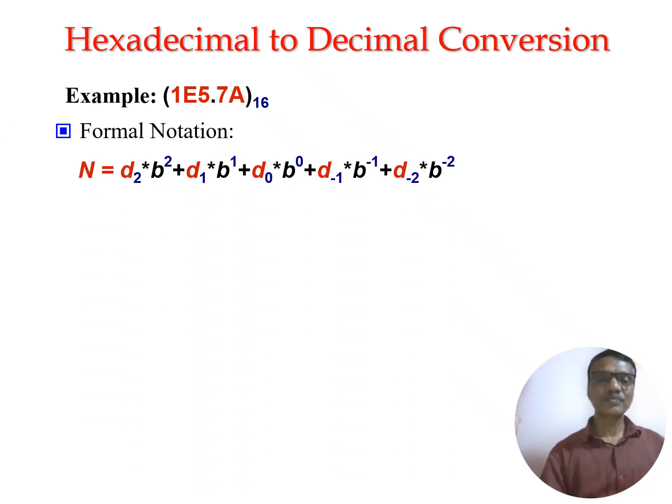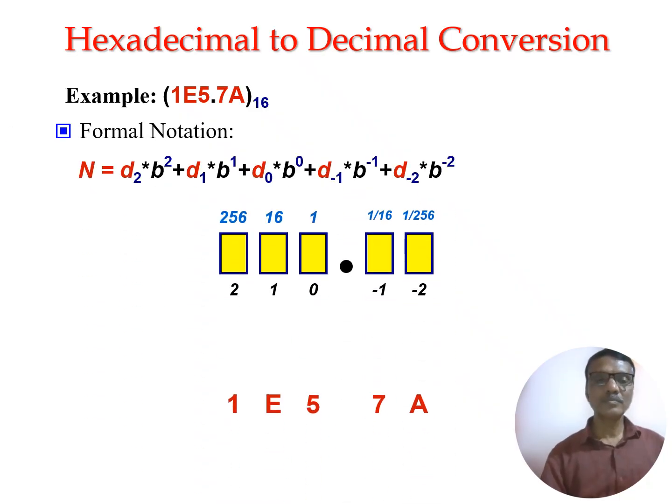Okay. So 1E5.7A. Its base is 16 power 0, 1, 16 power 1, 16, 16 power 2, 256. And then after the decimal point, 16 power minus 1, 1 by 16, 16 power minus 2, 1 by 256.